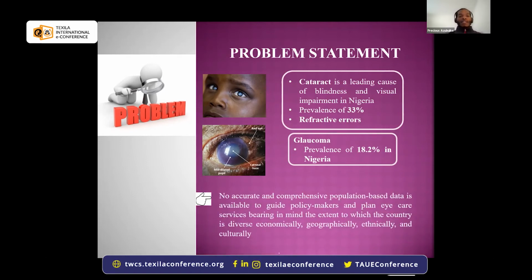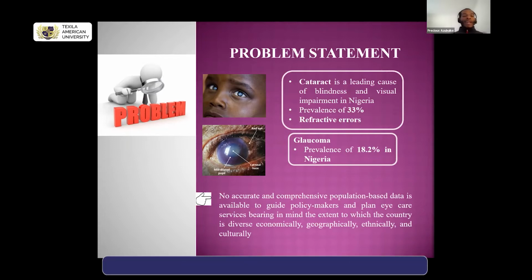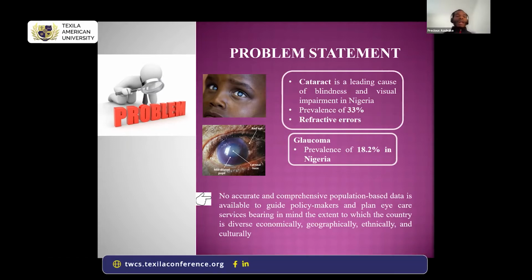Despite this, there is no accurate and comprehensive population-based data available to guide policymakers and people who provide eye care services, despite how broad the country is and its diversity in terms of economics, geography, ethnicity, and culture.